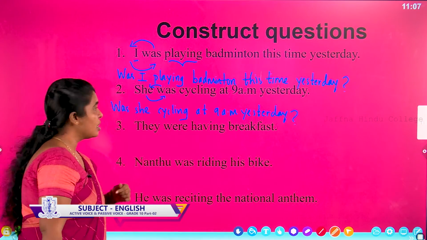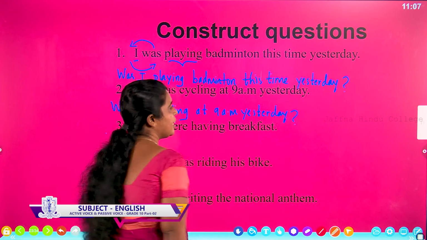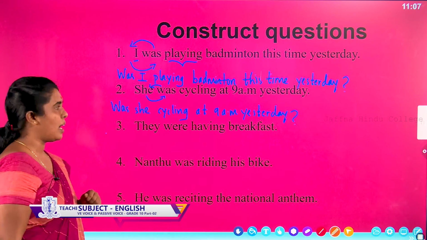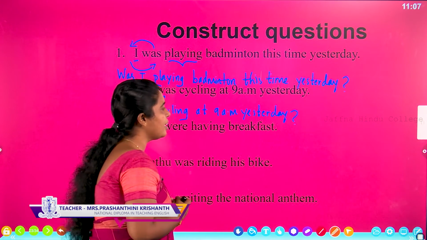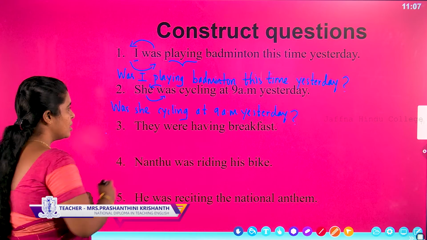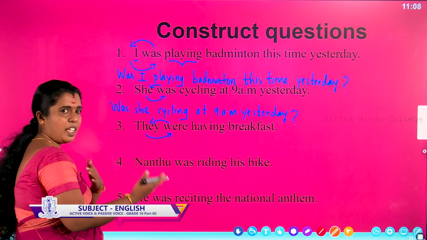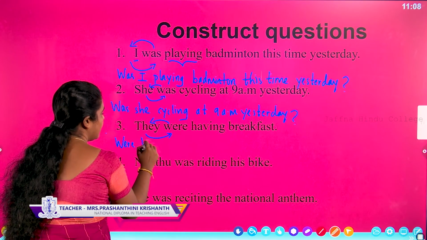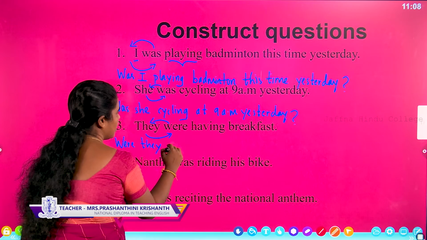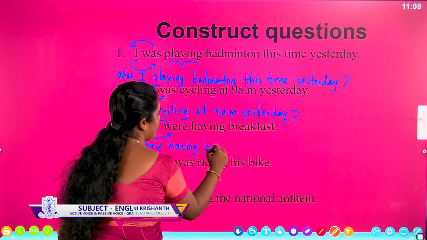When you write, first letter should be in capital and finally you have to put the question mark. Number 3, they were having breakfast. Okay, what are we going to do? Just changing, right? Were they having breakfast?